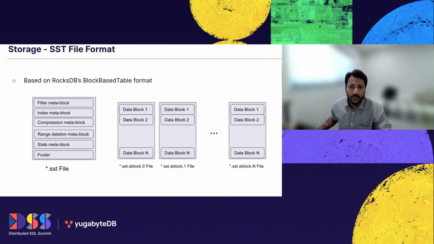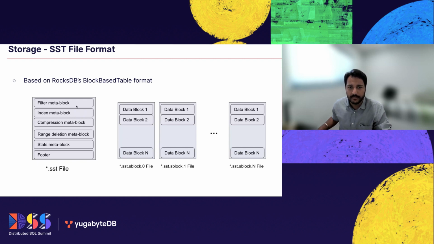Now, we talked about how SST files are divided into multiple blocks. So just assume that you have multiple SST files, you have data blocks, and this is where your actual data resides for each of the SST files. In addition to data blocks, you have multiple other blocks.